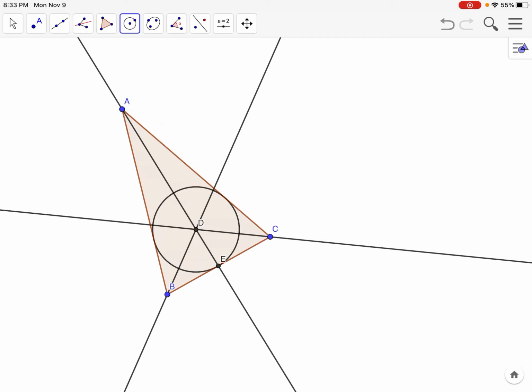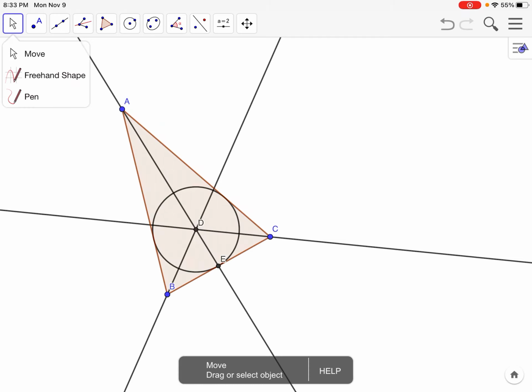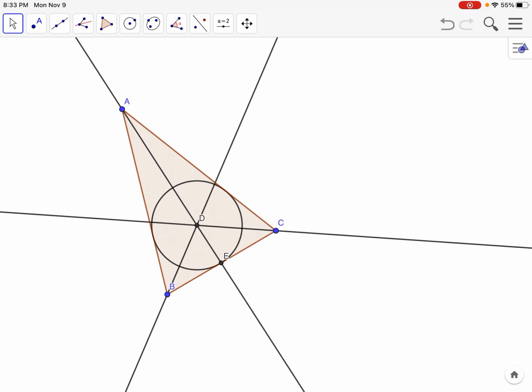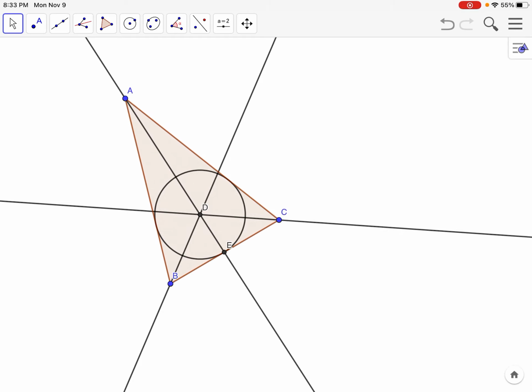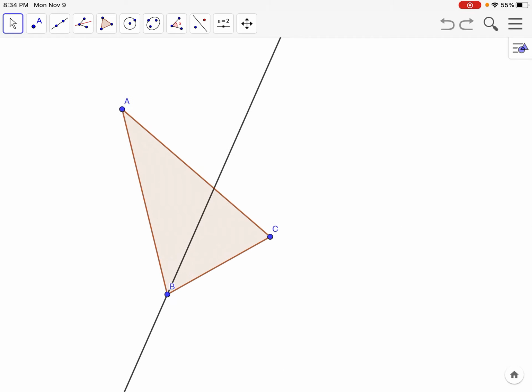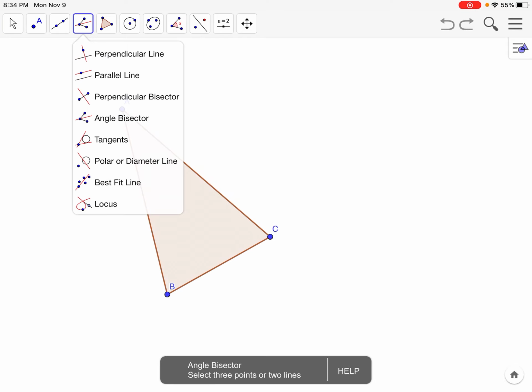If you drew a circle from this point on the inside of your triangle, you can draw what's called an inscribed circle, which is interesting for art, but there are other applications. So the first thing I wanted to show you is that the angle bisectors meet at a point called the incenter, which you can use to create an inscribed circle.